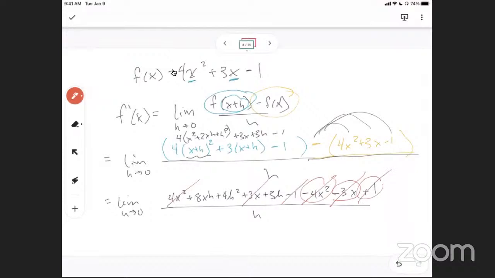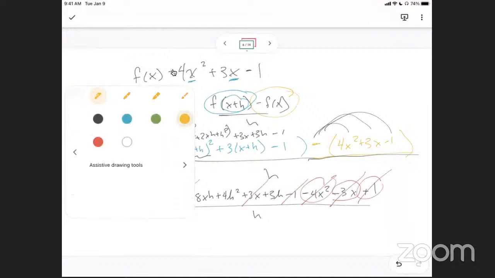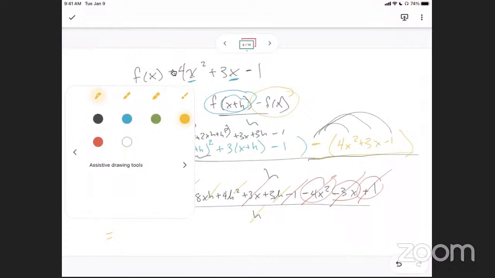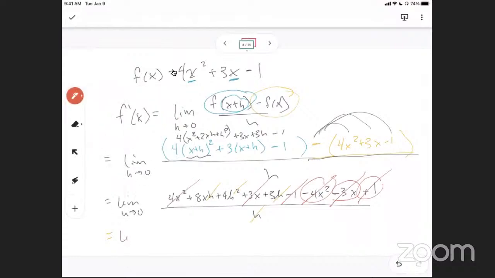That always happens in this kind of problem, just so you know. And then what do I do with the h's? You cancel one of them. Gone, gone, gone, gone.